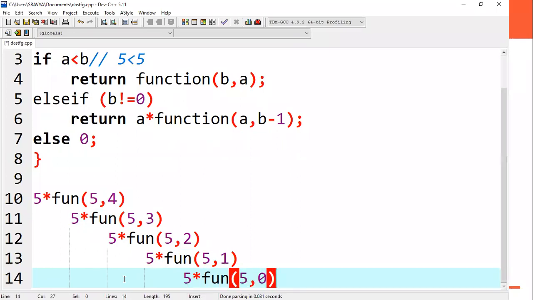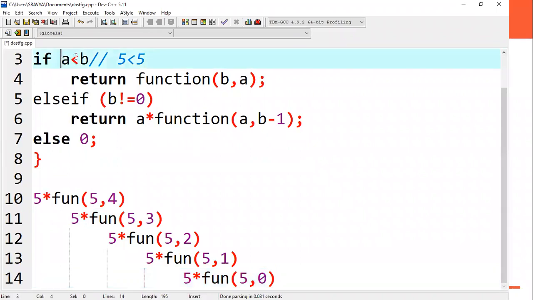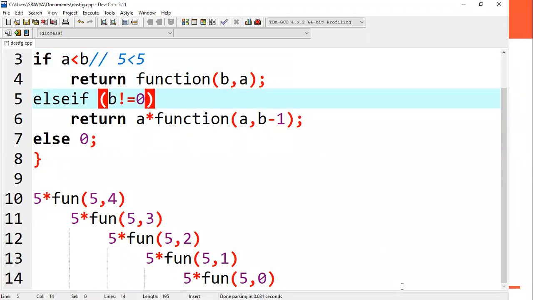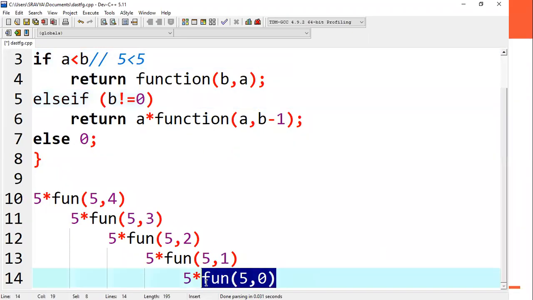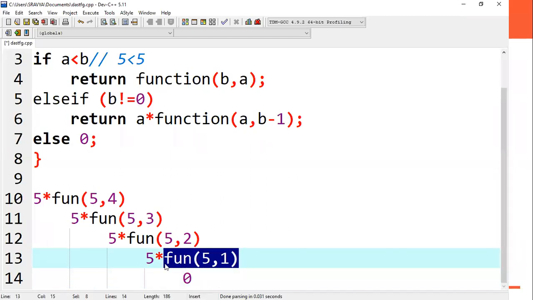For 0, what will happen? Just see. 5 less than 0 is false. B not equal to 0 is false. False means return 0. This will return 0, right? That means 5 into 0 is 0. That will return 0, function of 1 is 0, so 5 into 0 is 0.